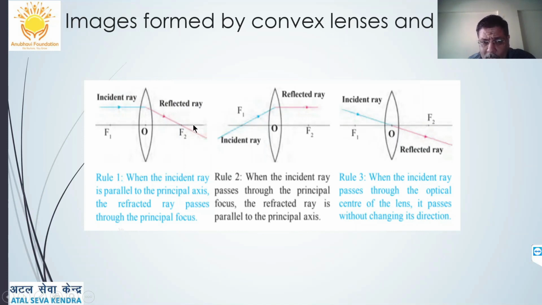Similarly, the incident ray which passes through the principal focus becomes parallel to the principal axis after refraction, and the incident ray which passes through the optical center will go undeviated. There will be no refraction because that point will act like a normal. Okay, so it will go undeviated.